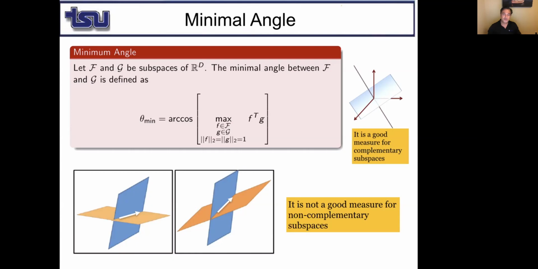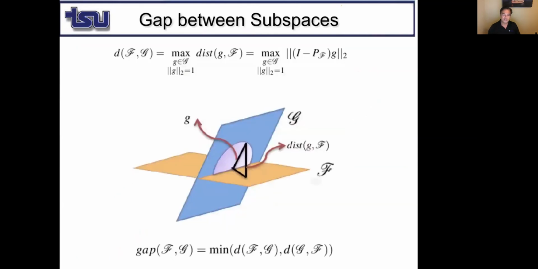So what will be useful for non-complementary subspaces? Maybe you can define a gap between two subspaces. Think about this yellow one is our F, blue one is G, okay? So we define gap. First, we define the distance between F and G. What does that mean?